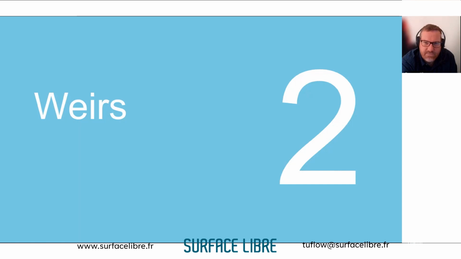Sorry, maybe just a quick question on what you just said on the fences. I think it's a big subject here in France on the integration of artificial fences, of trees and so on. Do you have any studies or any technical paper to calibrate this obstruction?